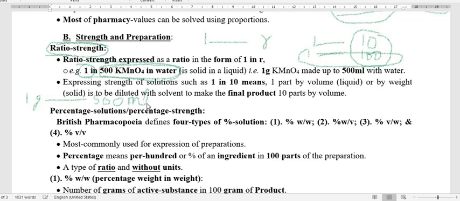The volume equivalent to gram: 1 gram is quite equivalent to 1 ml. That is why I have written ml here, not liter. So 1 gram of the KMnO4 dissolved in a final volume of 500 ml of water is called 1 in 500. Likewise, you have to go accordingly. So this is about the ratio strength.